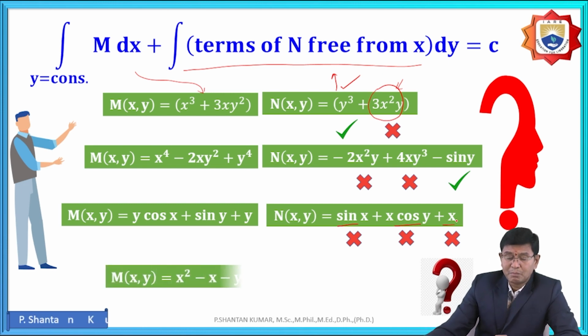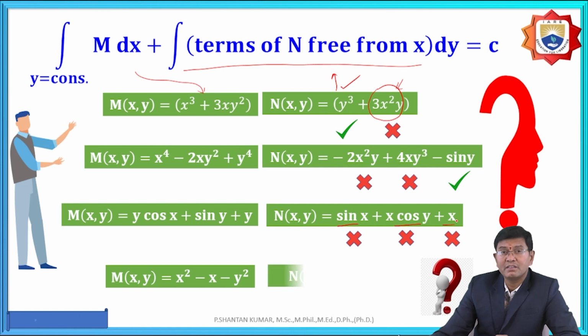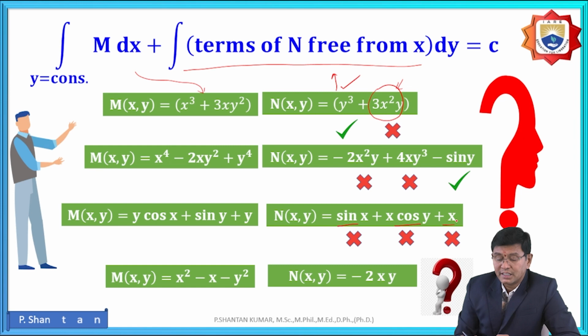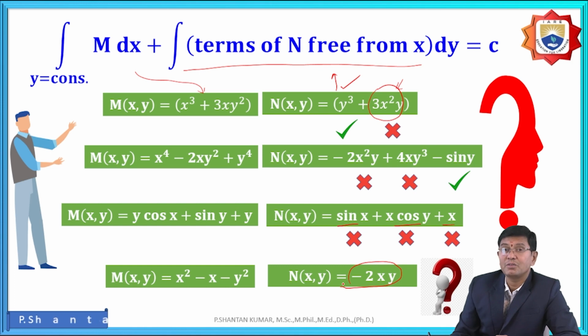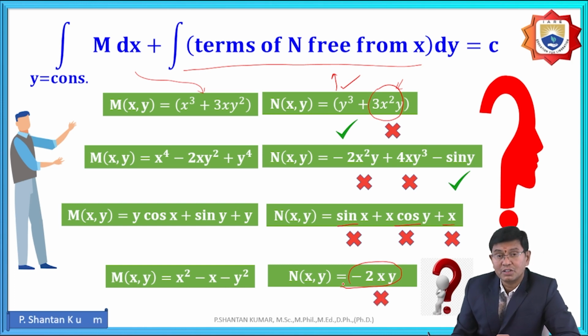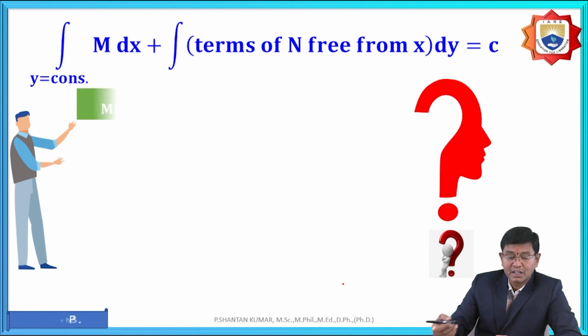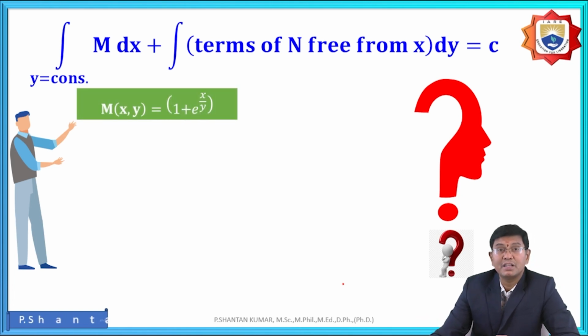And again one other example, similarly M is a function and N is also a function, and here N is only one function, that is one term, minus 2xy, which also contains x, therefore we need to avoid this term. Therefore, in this there is no N term free from x, so you need to avoid it. Similarly, assume some other example which is easy for calculating at the time of the given problem.